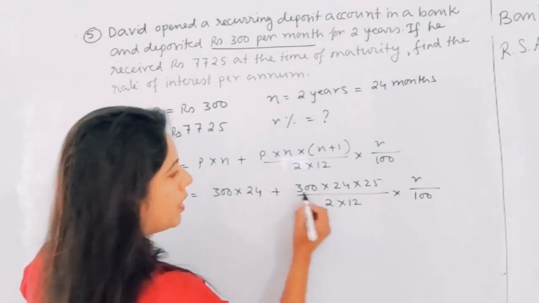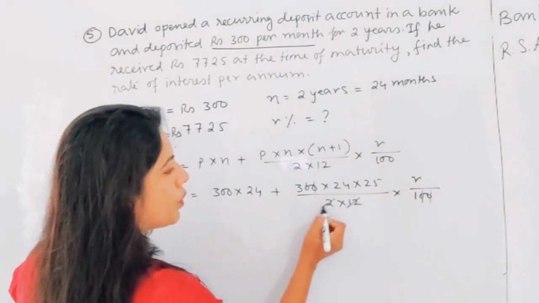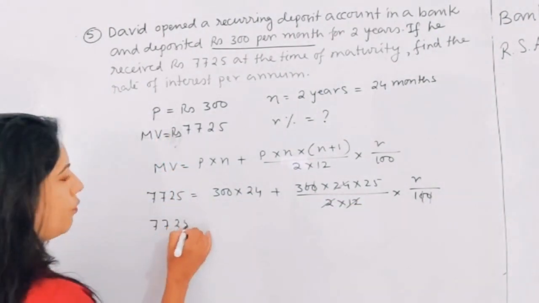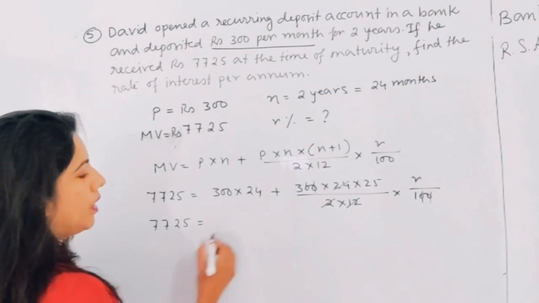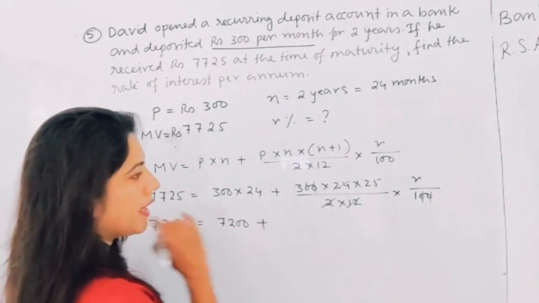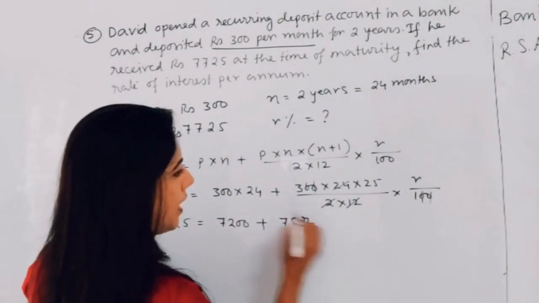So here the zeros will cancel. 12, 2, 24, 24 gets cancelled. So 7725 is equal to 24 times 3 is 7200, plus 24 into 3 you get 75 R.